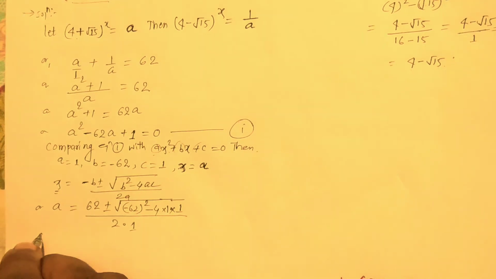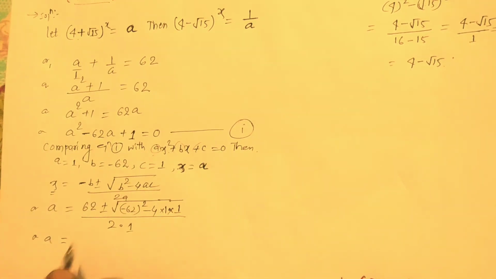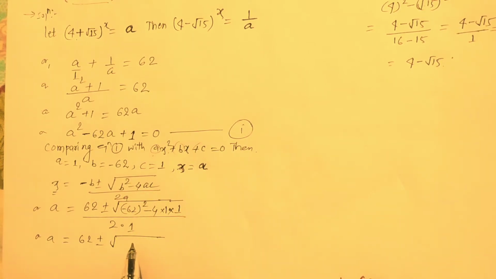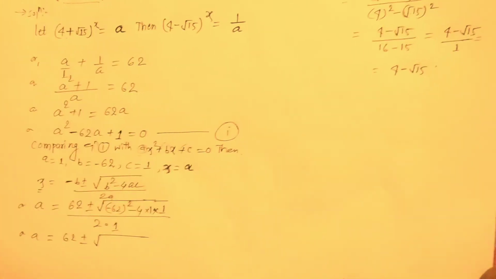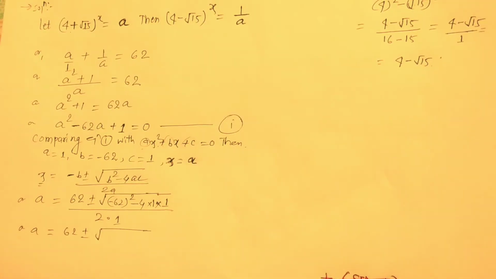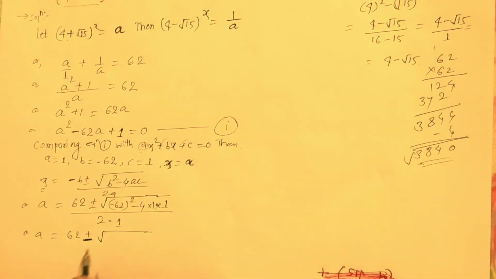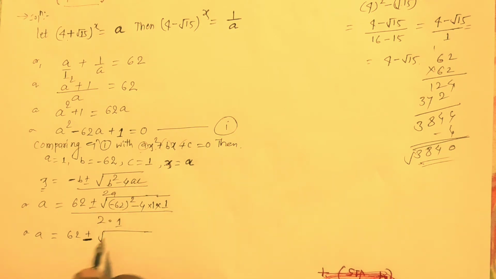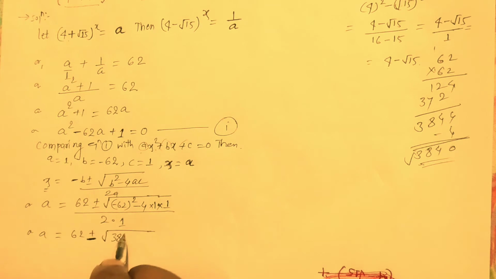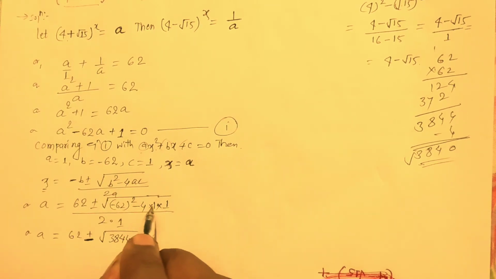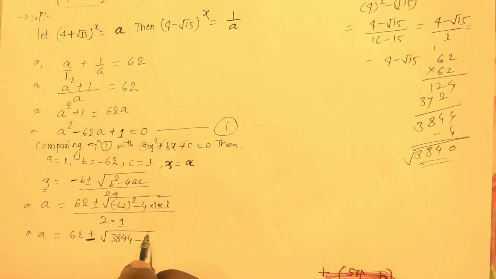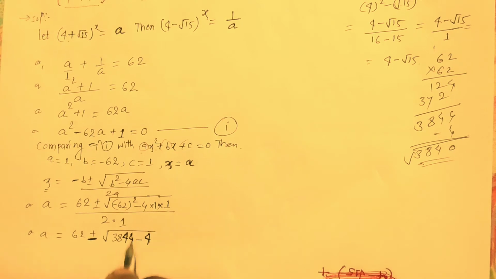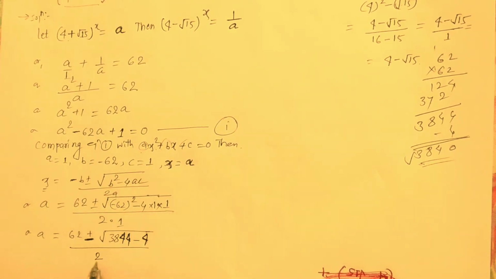So a = 62 ± √, and if we square 62, the square of minus 62 will be 3844, minus 4 times 1, which is 4, then divided by 2.